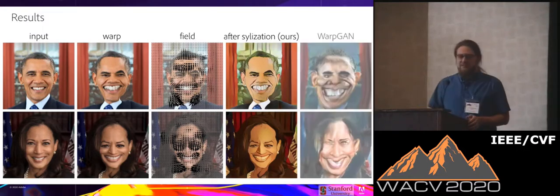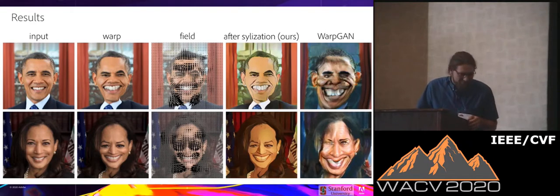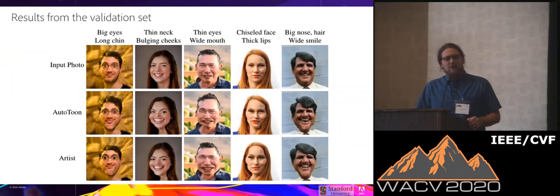And here's the previous state of the art on this topic, which is WarpGAN. And here are other results where from the input photo on the top row, our method can get the center row. As you can see, we get really close to the characteristic traits amplified by the artist on the bottom as a reference.